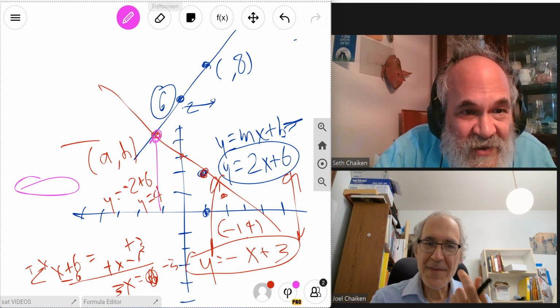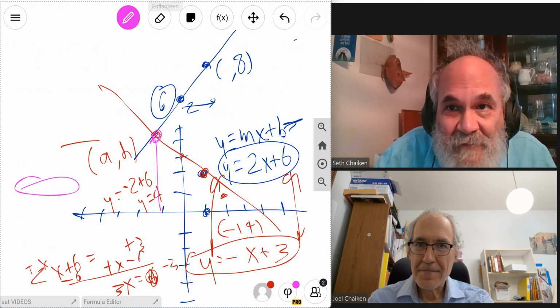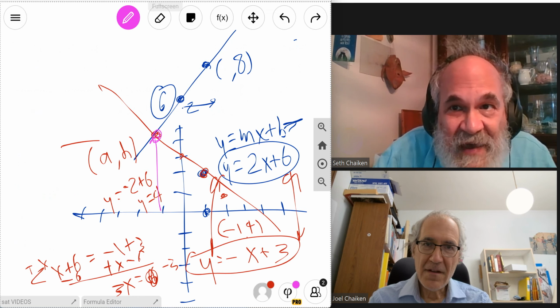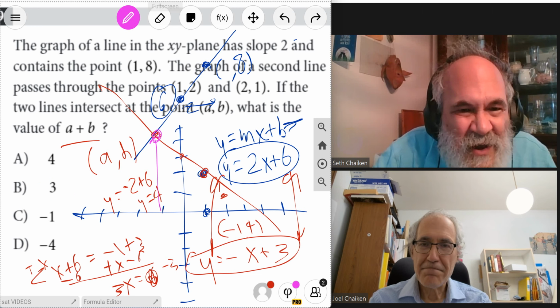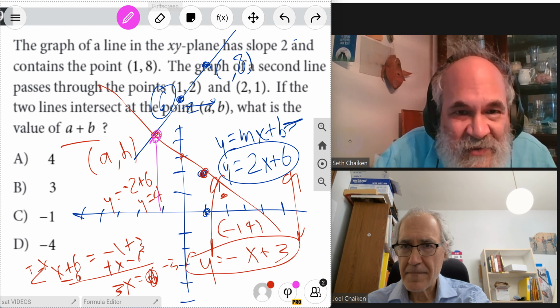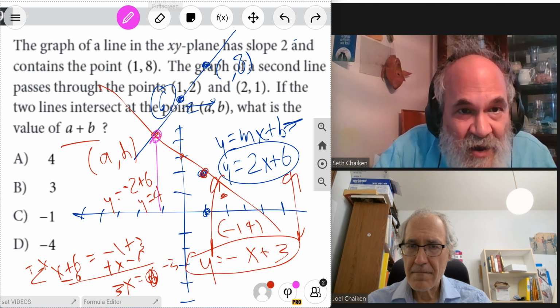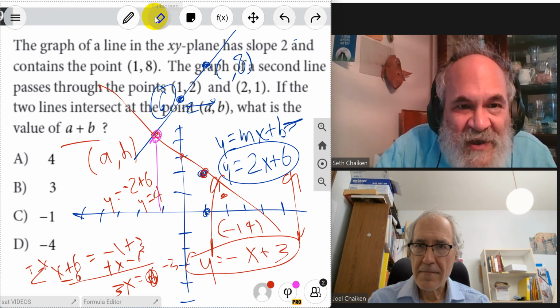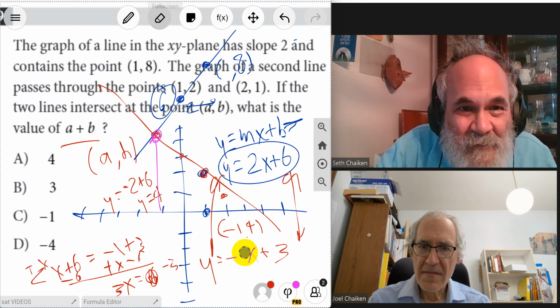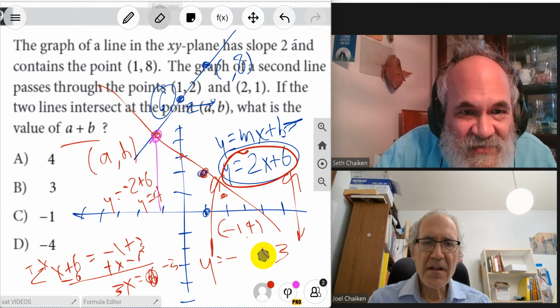So what I did was, I rewrote the equation here as the equation that I circled.